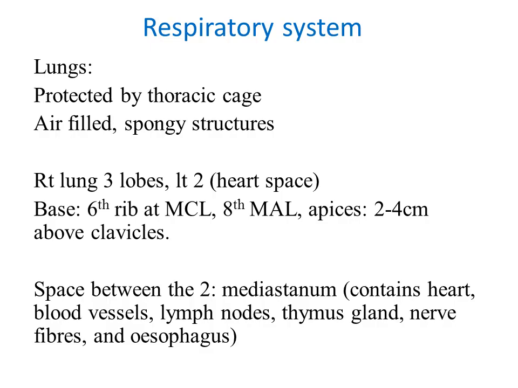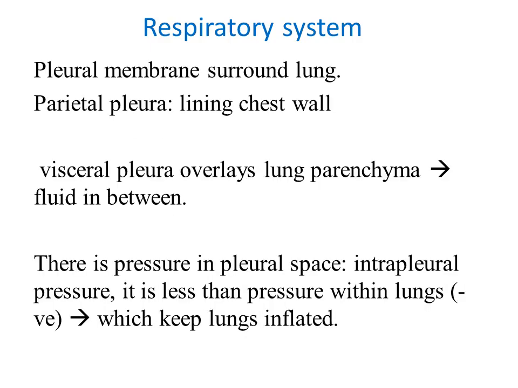The space between the two lungs, the mediastinum, contains the heart, blood vessels, lymph node, lymph, thymus gland, nerve fibers, and esophagus, as we said previously. The pleural membrane surrounding the lung, parietal pleura lining the chest wall, and the visceral pleura overlies the lung parenchyma, so that there are 2 layers, visceral حشوية that attach directly to the lung, and the parietal that lining the chest wall التي تبطن الجدار الصدري.